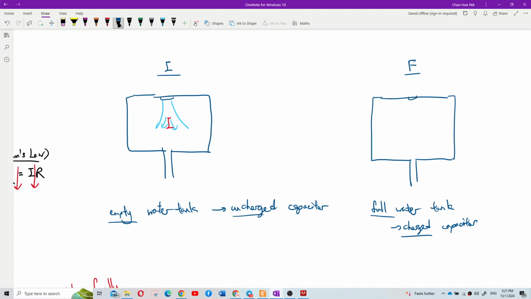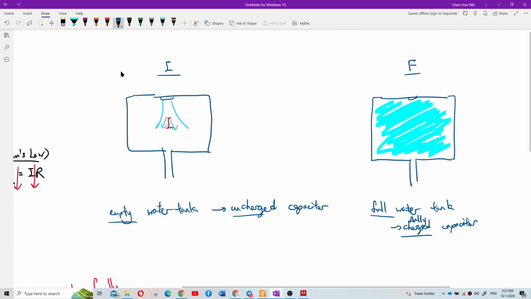Okay. Begini kelas. Kalau ini sudah full water tank, macam mana? Full of water. This is fully charged. So boleh kata initially empty water tank is like uncharged capacitor, is like initially Q dia adalah zero.